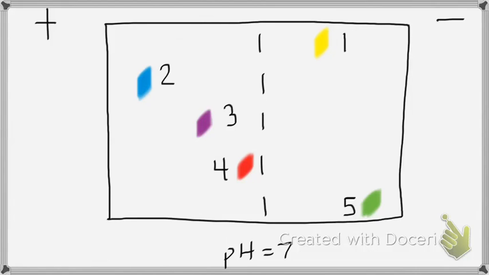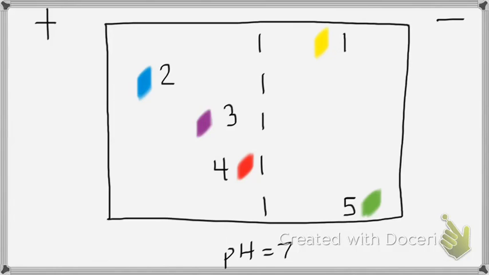So check out my second question. Did you see my pH of the buffer that this came from? Look up at the screen. What's the pH? 7. See the 7? pH equals 7. Which of these 5 proteins has an isoelectric point close to 7? 4 is correct.